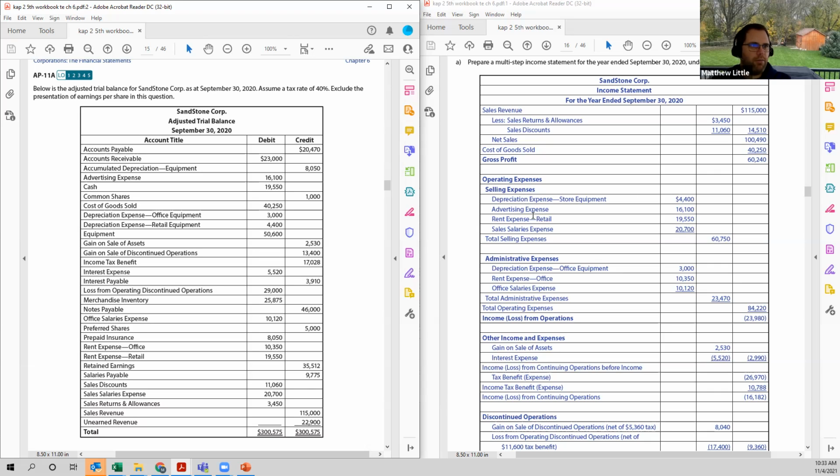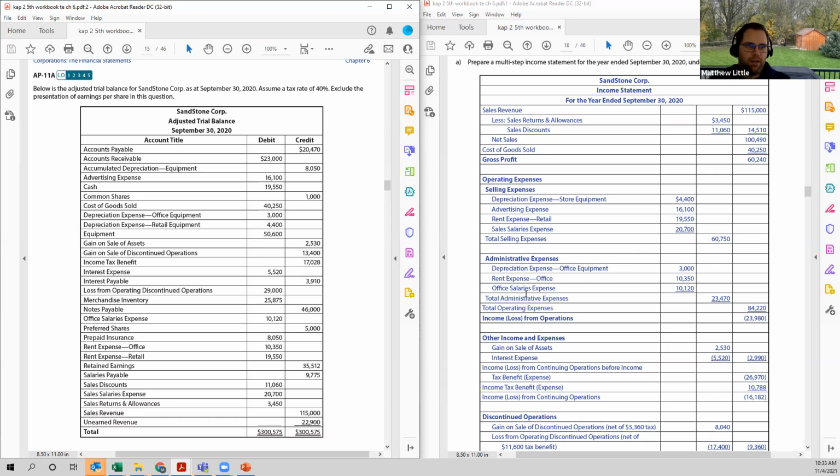Then we identify what our selling expenses are, so anything that allows the customer access to our products to purchase. So we have our store equipment, it's what holds the items for sale. We have advertising, because that's to try to reach our customers. We have our retail space, and we have sales and salaries. So total selling expenses were 60,750.